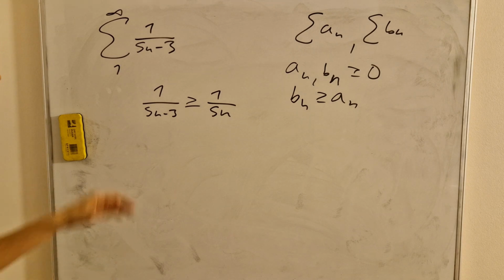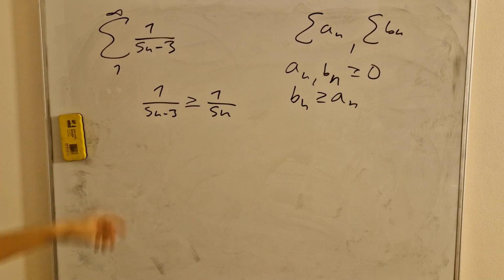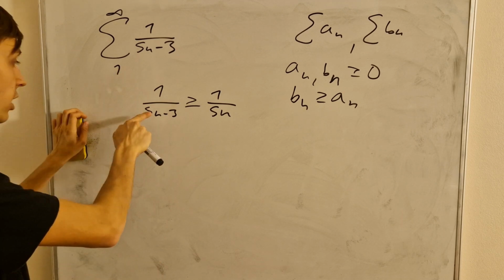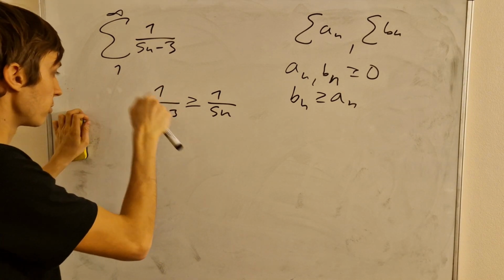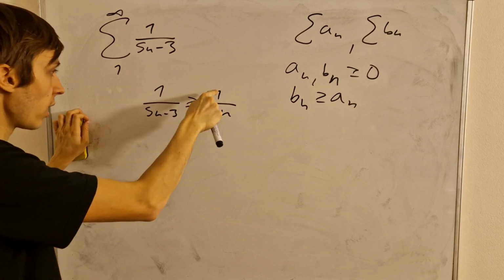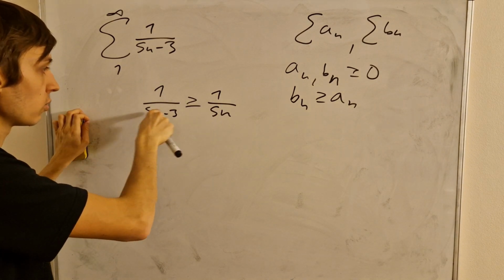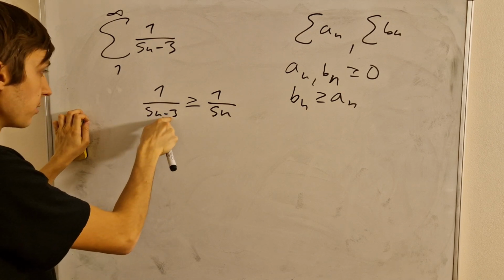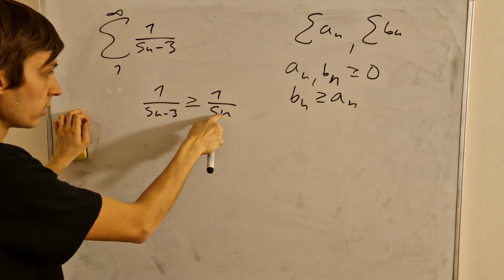For example, for the smallest n, n equals 1, and it should apply for all n. For n equals 1, it will be 1 over 5 minus 3, which is 1 over 2, and this one will be 1 over 5. So this one is smaller than this one. For n equals 2 as well, 1 over 7 is bigger than 1 over 10.